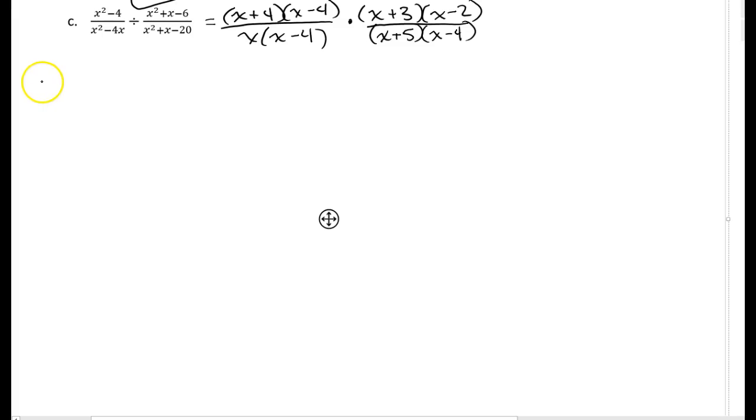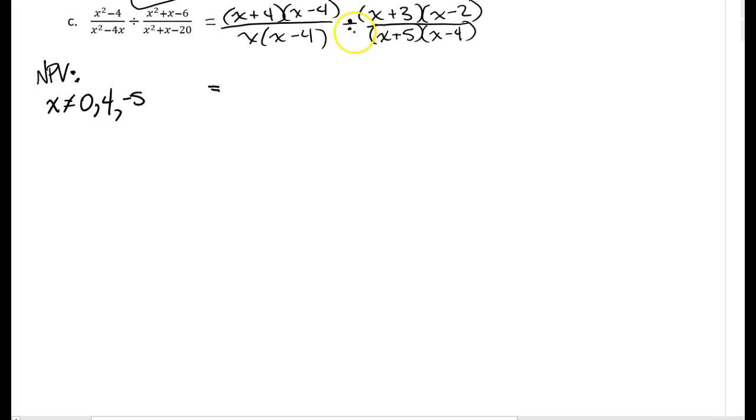From here, before I go any further, I'm actually going to follow my own advice and do my non-permissible values. Oh, no, that should be division. So first denominator, x cannot be 0 or positive 4. Second denominator says that it can't be negative 5 or positive 4 again. So notice I'm not rewriting it because it's already been accounted for.